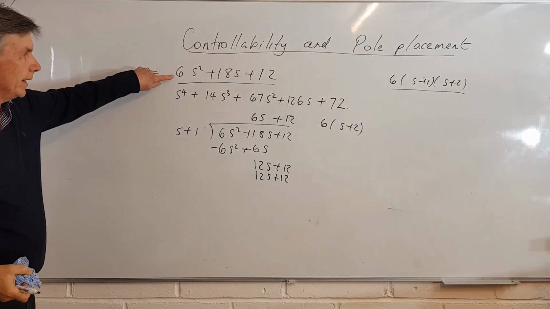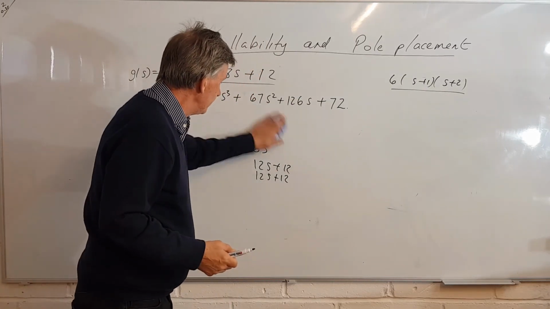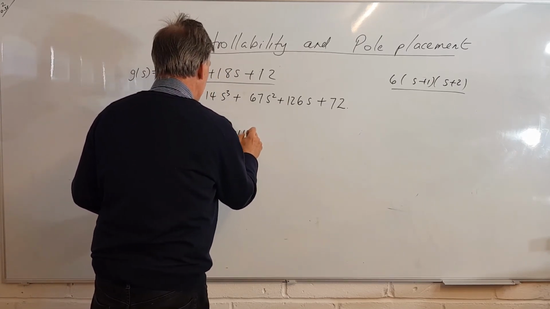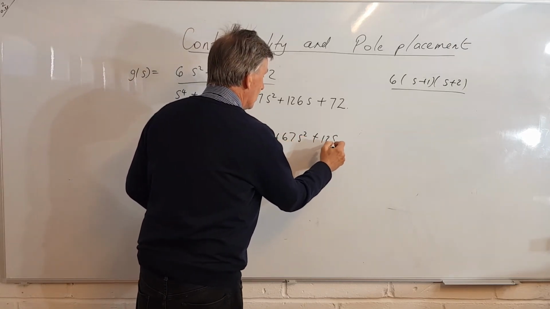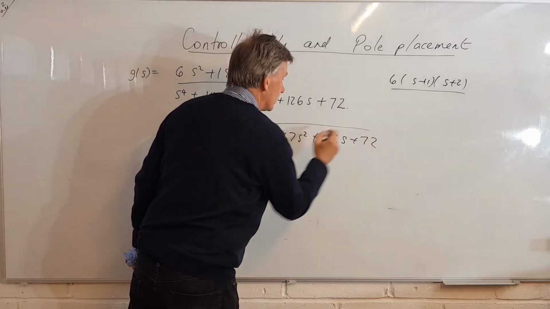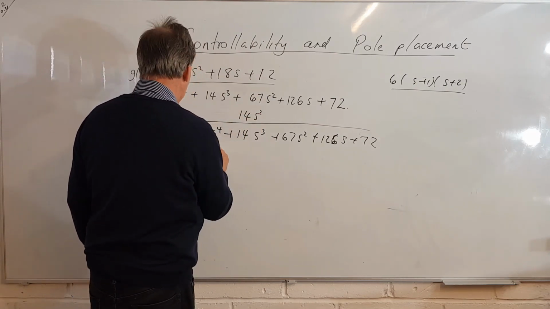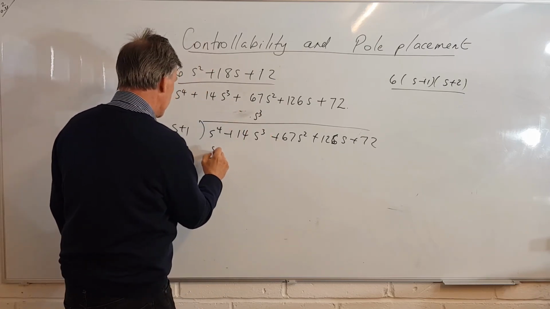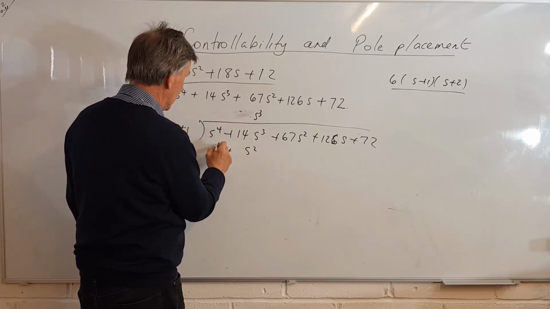So we've taken that one there and factorised it like this, and then we can have another go now at doing a long division on this one. So we've got s to the fourth, 14s cubed, 67s squared, 126s plus 72, and we divide this one now by s plus 1. So it's going to be just s cubed, actually. S cubed times s plus 1 is s to the fourth plus s cubed, so change the signs and add.